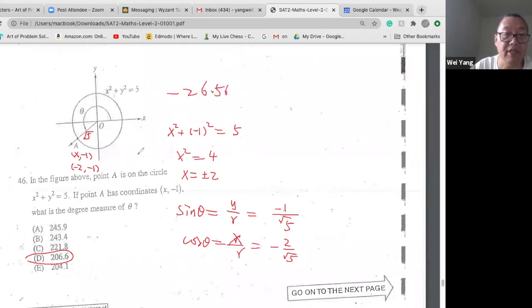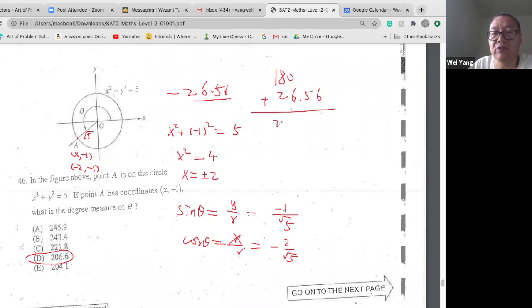That means here we actually need to use 180 degrees plus 26.56. So you get 206.6. So this one goes here. Yes, your answer is right. Very good.